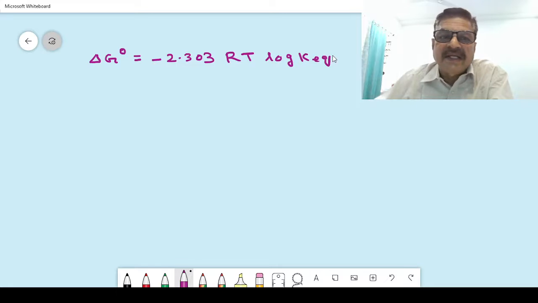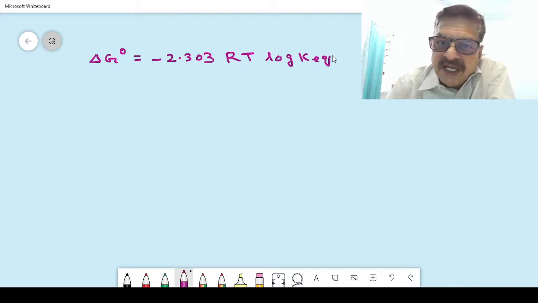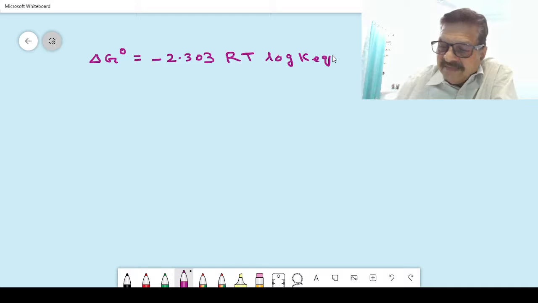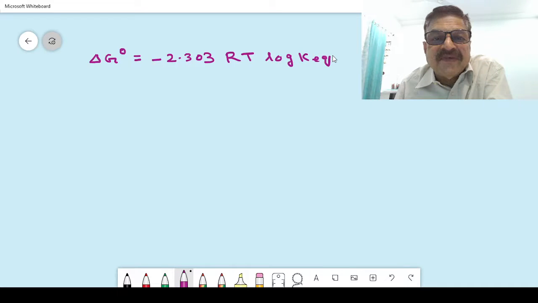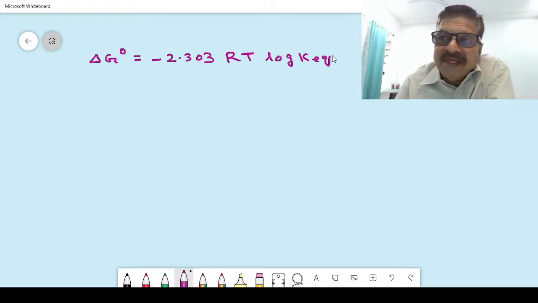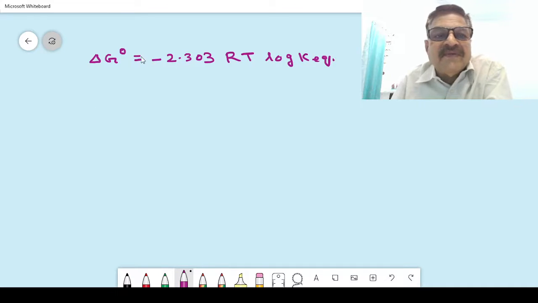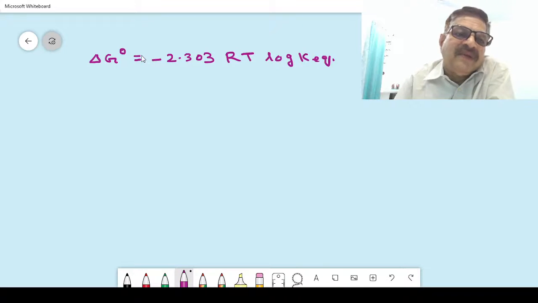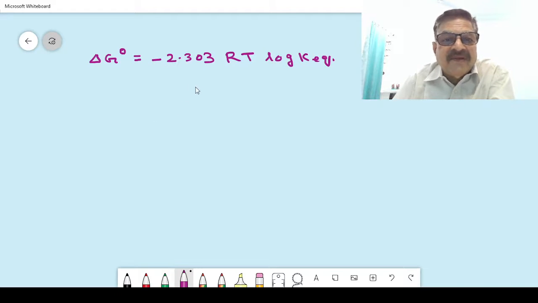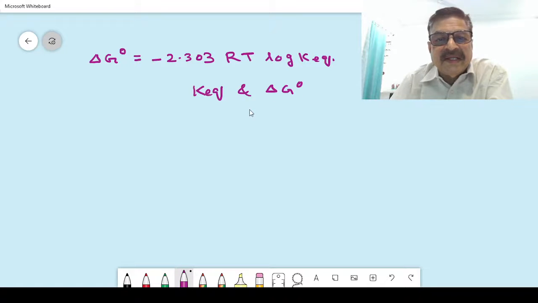I think we have written this like this only. Here R is the gas constant and T is the temperature in the Kelvin scale. Now we have to find out the relationship between delta G, the Gibbs free energy change between the reactants and the products, and the KEQ. That is what we are going to examine now: KEQ and delta G, how they are interlinked.